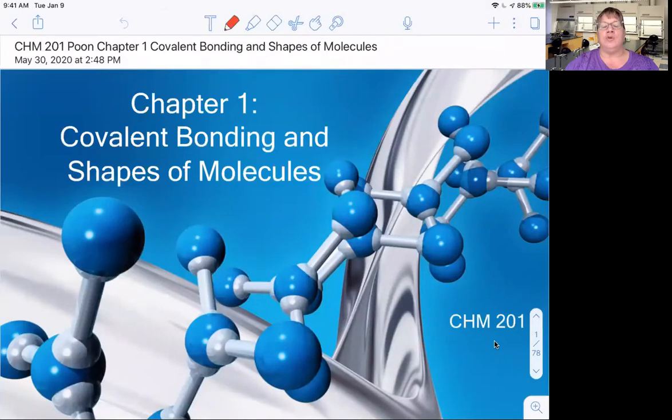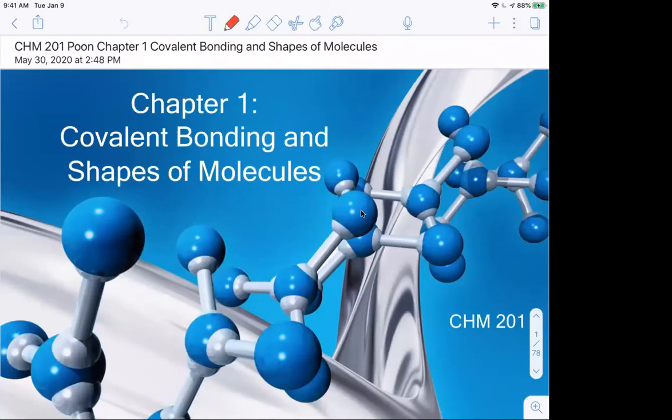So make sure you check out the folder that is entitled Review of General Chemistry in the module for week 1, because that will give you some reference materials if there is something that you feel that you don't know after we discuss all of this material in chapter 1 and you want to get a little bit more depth in terms of a lecture. So make sure that you are aware that those are available. So I'm going to turn myself off and then we're going to go ahead and start lecture.